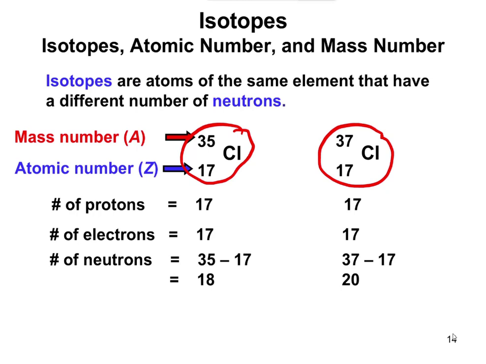So in this case, we're still going to have 17 protons and 17 electrons, but the number of neutrons is going to be different, and because there are more neutrons, we're going to have a greater mass. So again, isotopes end up being atoms from the same element, right? Both of these are chlorine, but they have a different number of neutrons.